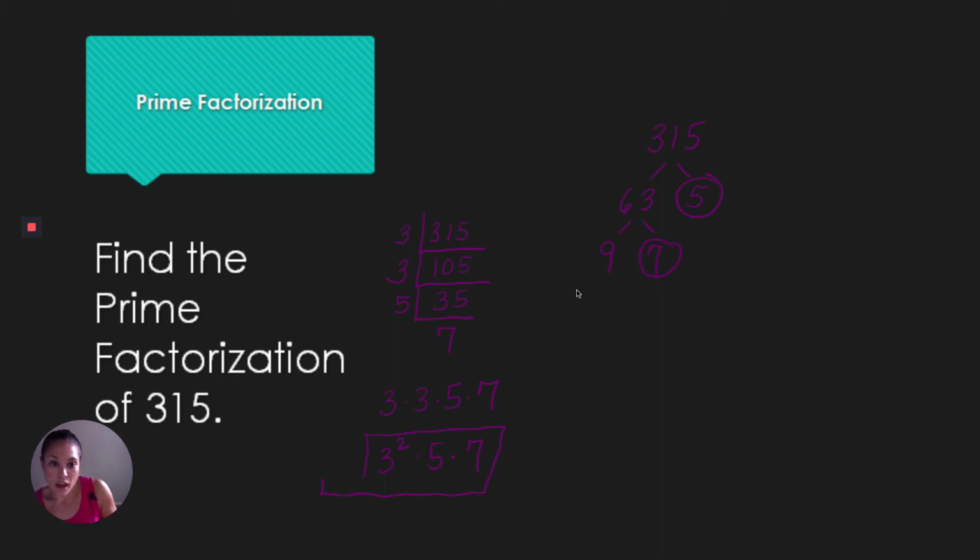I'm going to circle that. And 9 can be broken down into 3 times 3, and I'm going to circle that. So here again I have 3 times 3 times 5 times 7. I like to write it in order. And this is the answer that I will be looking for.